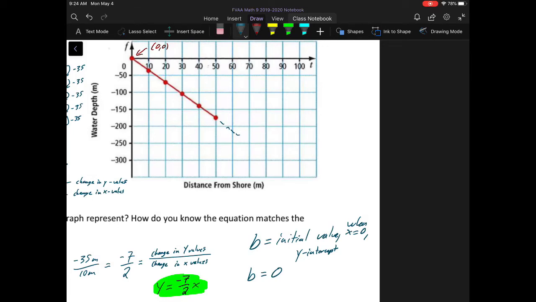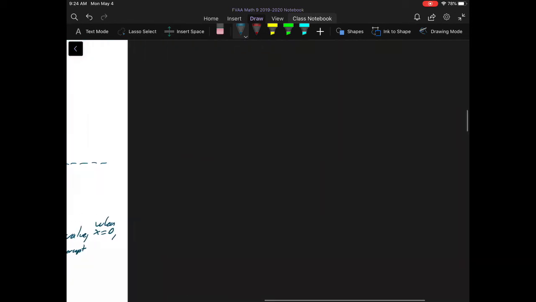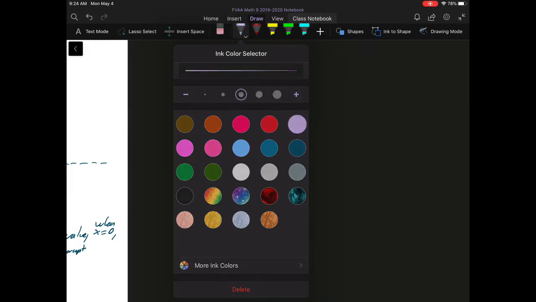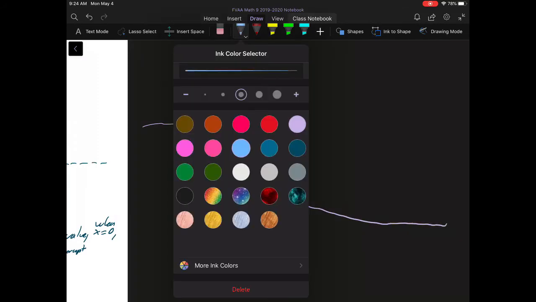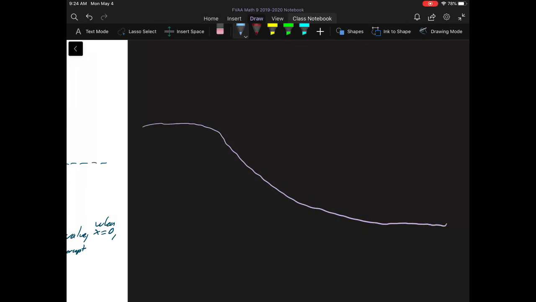The answer is no. The lake is only 614 meters deep. So at some point, the line is going to level off. Not at this point, but if the graph was larger, the line would level off. If you think about the depth of a lake, if this is my shoreline and this is my lake, the depth of the lake usually rounds at the bottom.